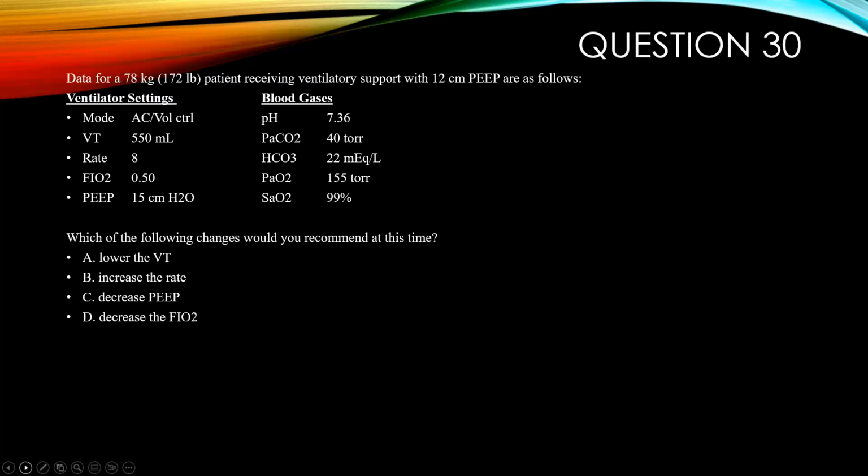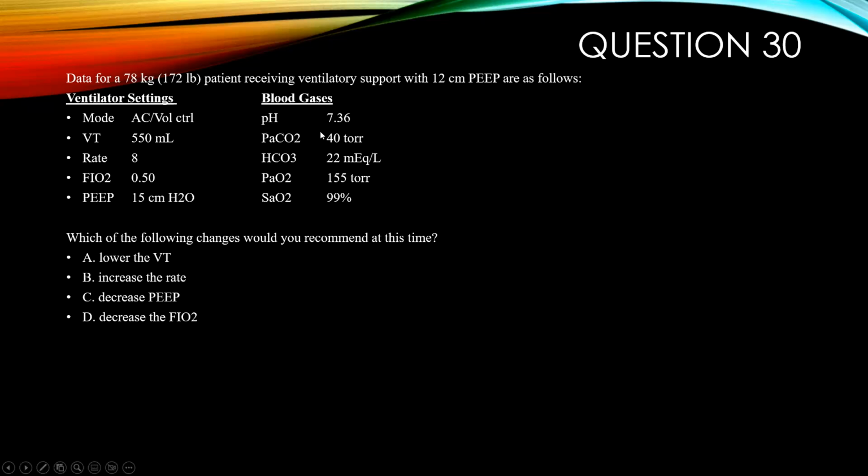Question 30. Data for a 78 kilogram, 172 pound patient receiving ventilatory support with 12 of PEEP are as follows. Vent settings: AC volume control, tidal volume 550, rate is 8, FiO2 is 50%, the PEEP is currently 15.